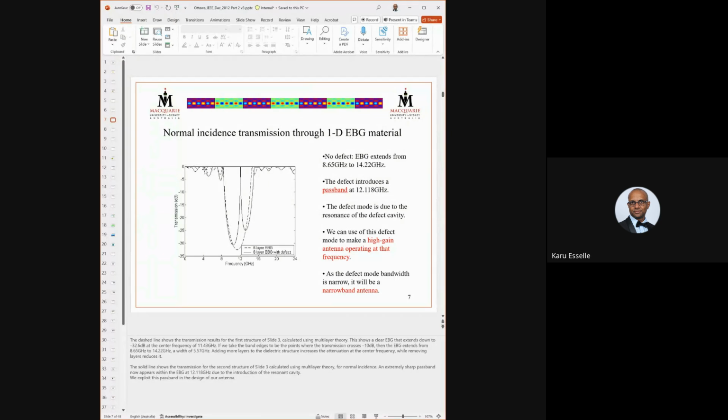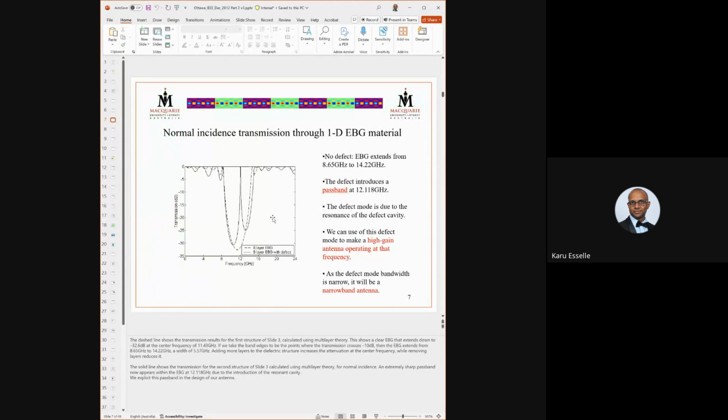Transmission is reasonable at low frequencies, reasonable at high frequencies, but within this band, transmission is very small. So that is the 1D band gap of this EBG structure, or if you want to call it a photonic crystal. That is this dotted curve.